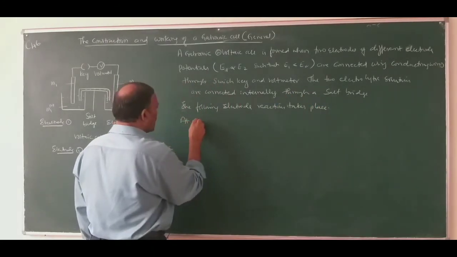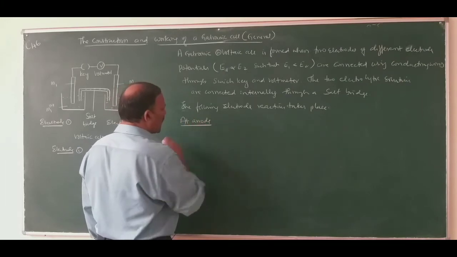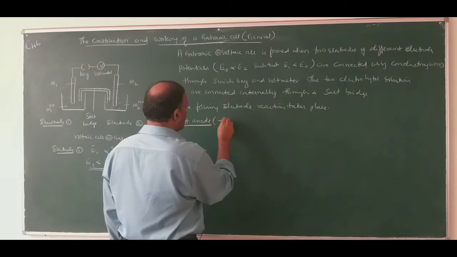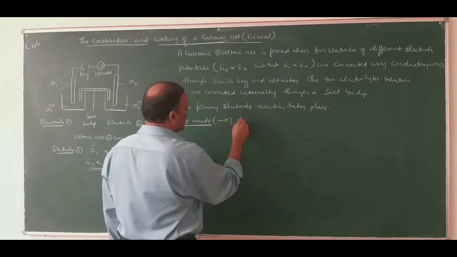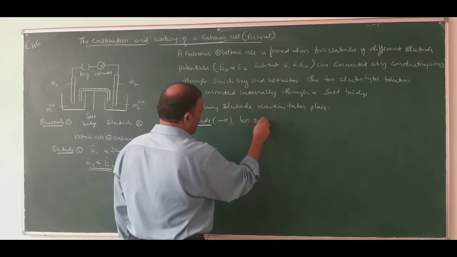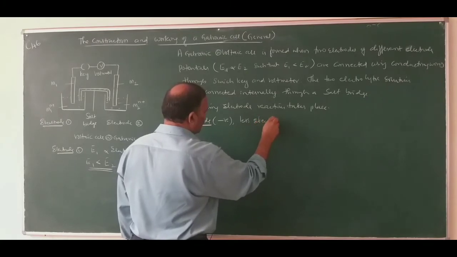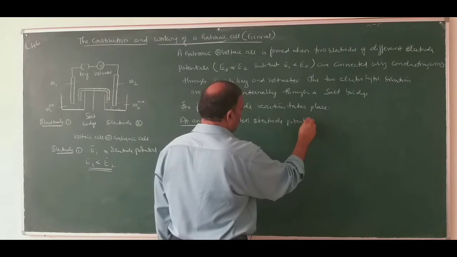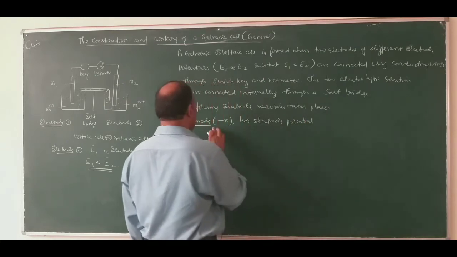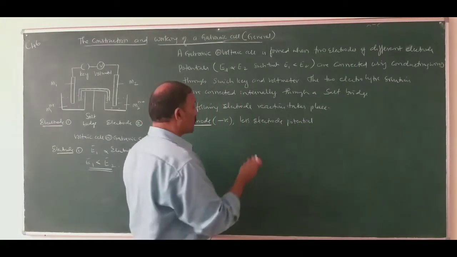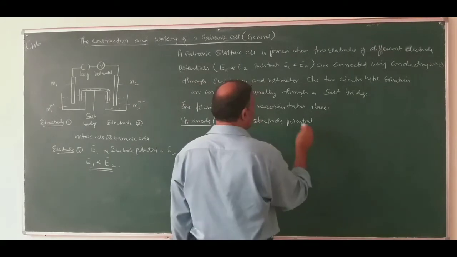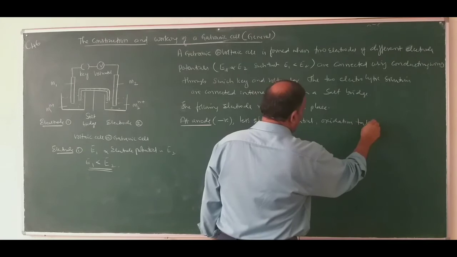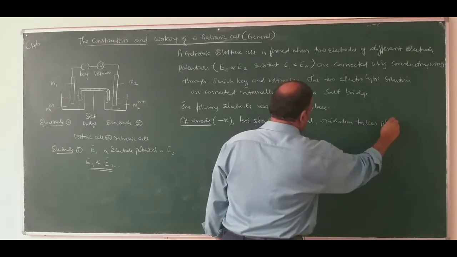So at the anode, this is negative, with less electrode potential. At the anode, less electrode potential, oxidation takes place.